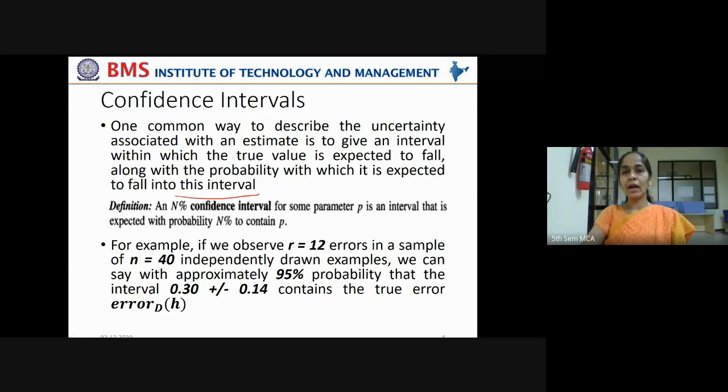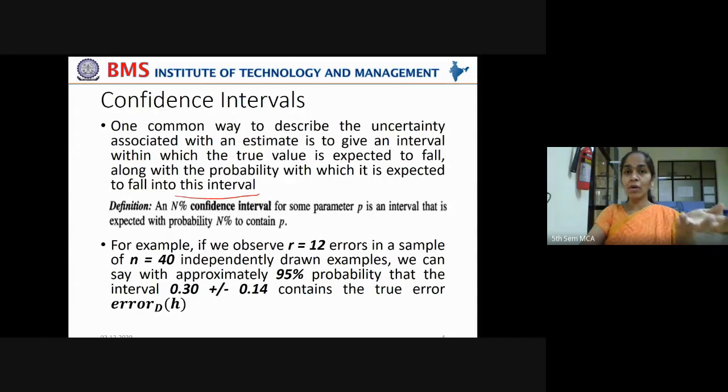Whenever you are training a machine learning model by taking a sample, you always have a doubt whether your model will perform in the same way with unseen data, or with new data points also. So what is the doubt you have? What is that uncertainty you have?